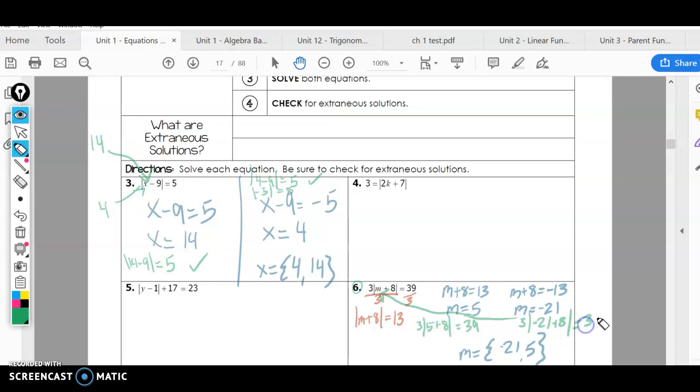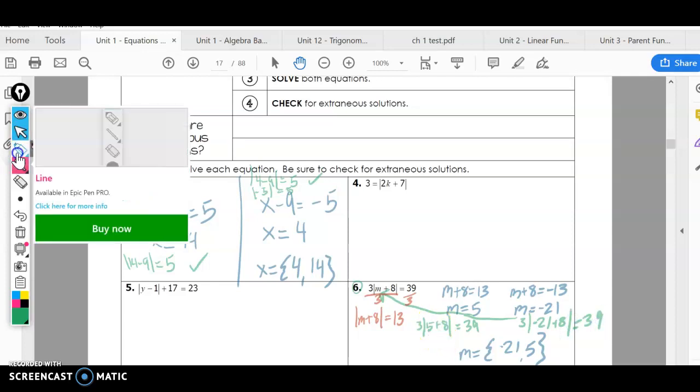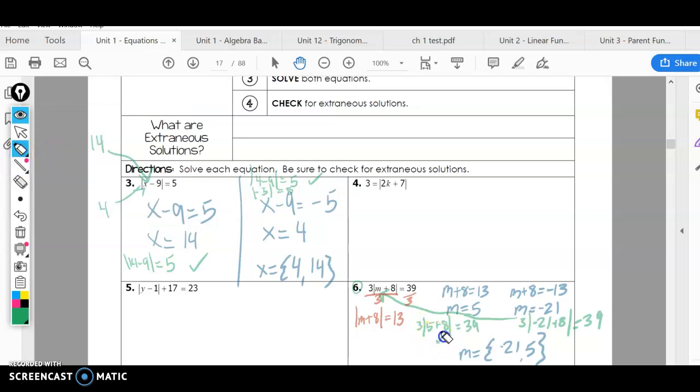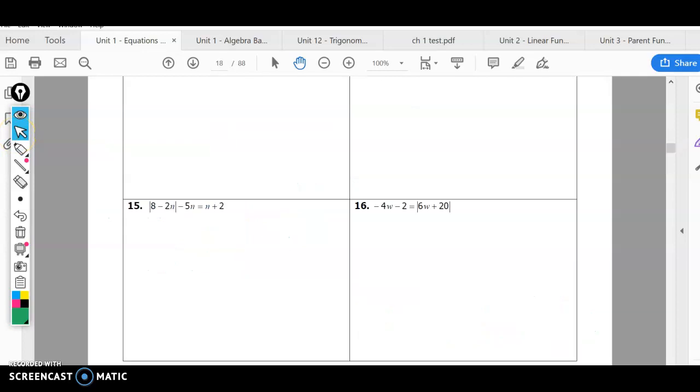Does that equal 39? First case, that is correct. You get 39 over here and 39 here. In this case, -13, absolute value is 13 times 3. Yes, perfect. So we did not get any extraneous solutions. We have two solutions for this absolute value equation. Go on to the next page and talk about a more challenging example.